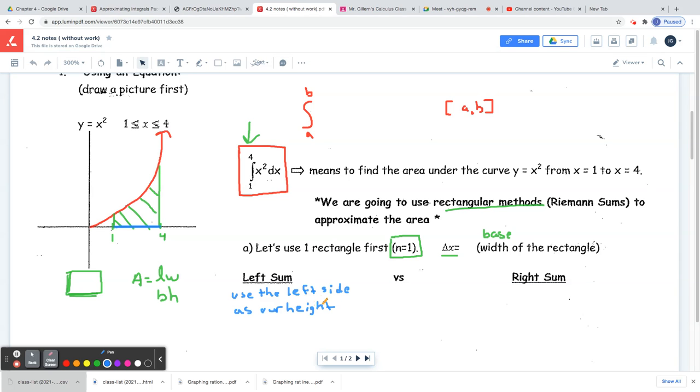If we do a right sum, shockingly, we're going to use the right side as our height. The right side of the rectangle, and of the region. You'll see what I mean in a second.